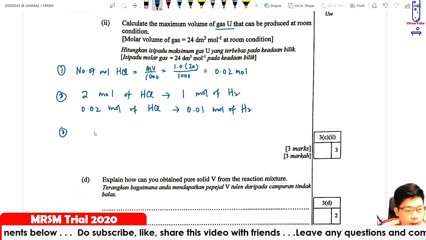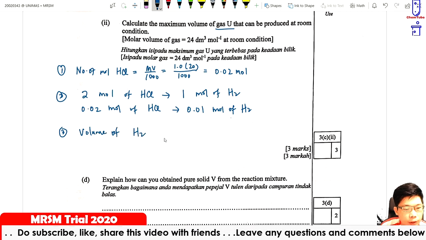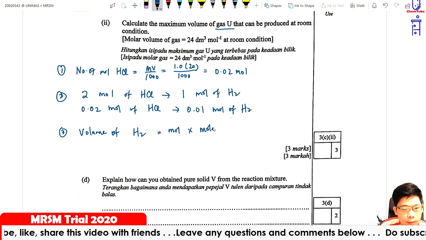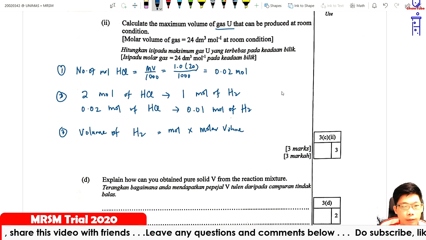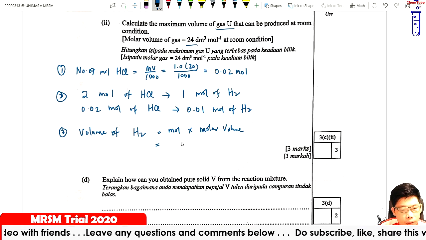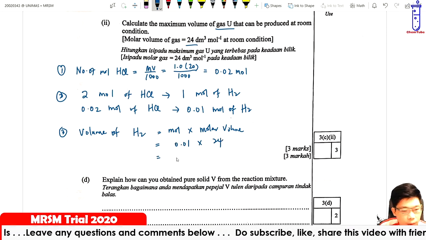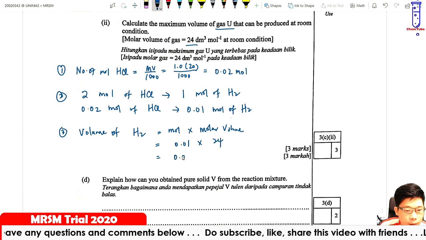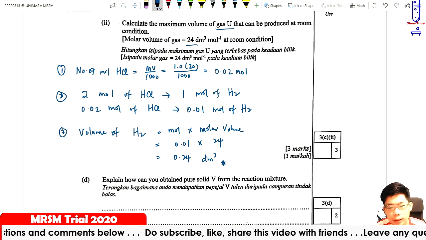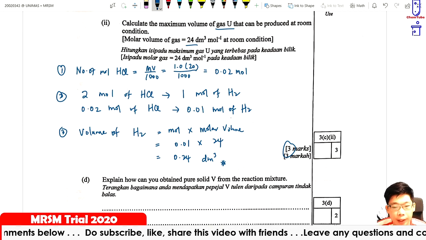So next we can calculate the volume of hydrogen. It's mole times the molar volume. Molar volume at room condition is 24. So mole is 0.01 times 24, so you get 0.24 cubic decimeter. So this is how we calculate the volume of gas. 3 marks.